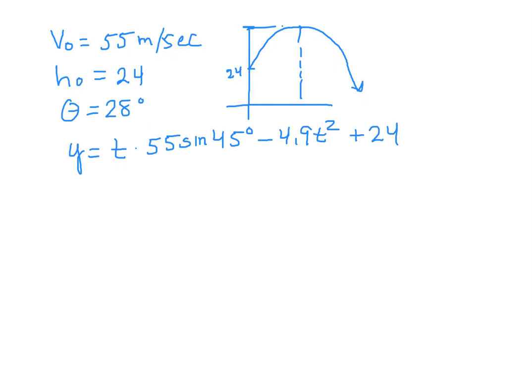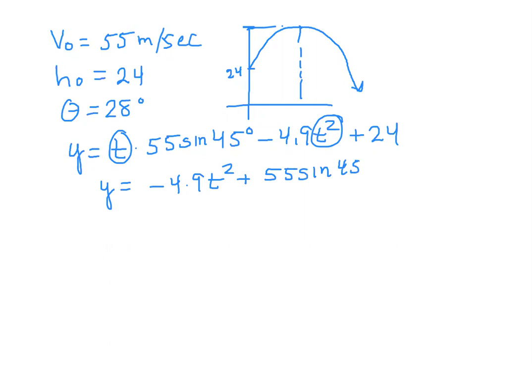It's got a t squared right here, and it's got a t, and it's got a constant. It's a little bit strangely written in the order, so I'm going to change it around and write it like we normally do for a quadratic. 55 sine 45 t plus 24.